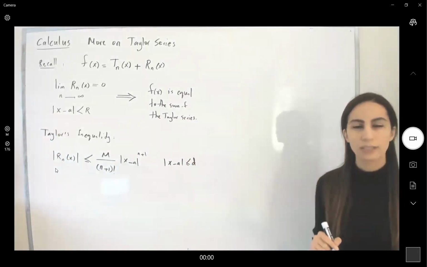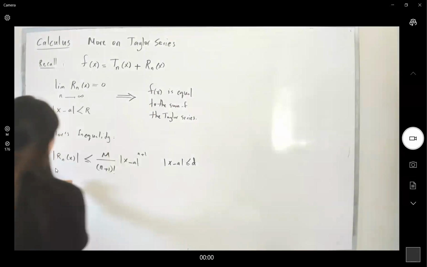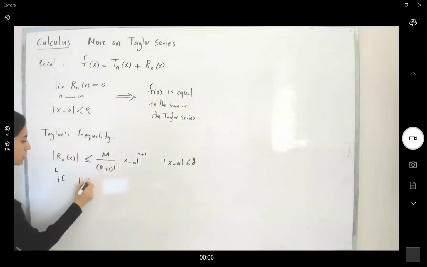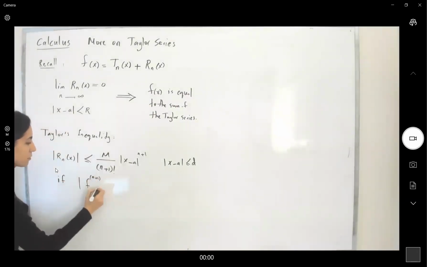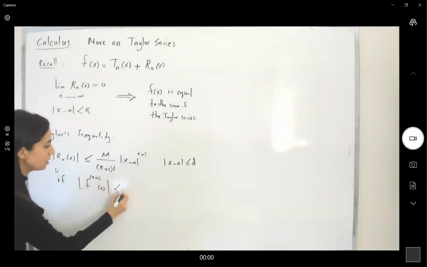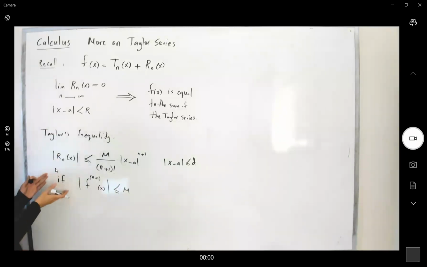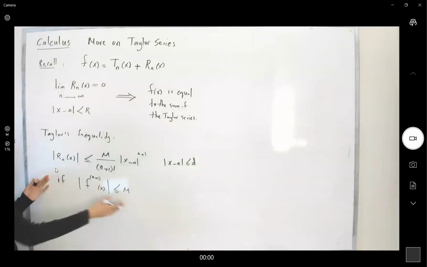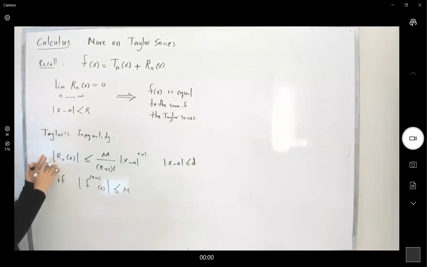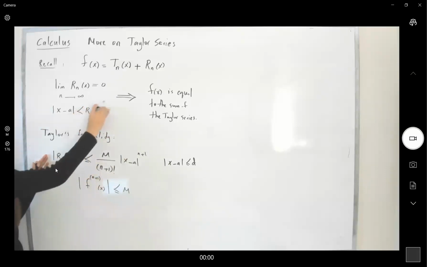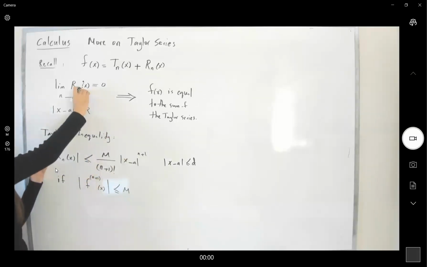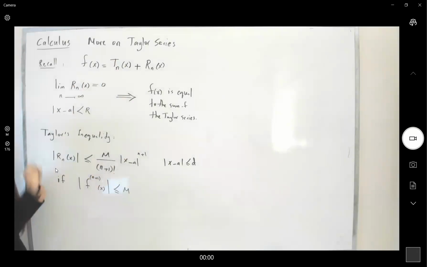D is just a positive number, if the higher derivative of your function is less than or equal to that bound, or that constant. So if the higher derivative is less than or equal to M, it means that we can bound our remainder by this quantity, then take the limit. If the limit goes to 0, we have this conclusion. Very well.